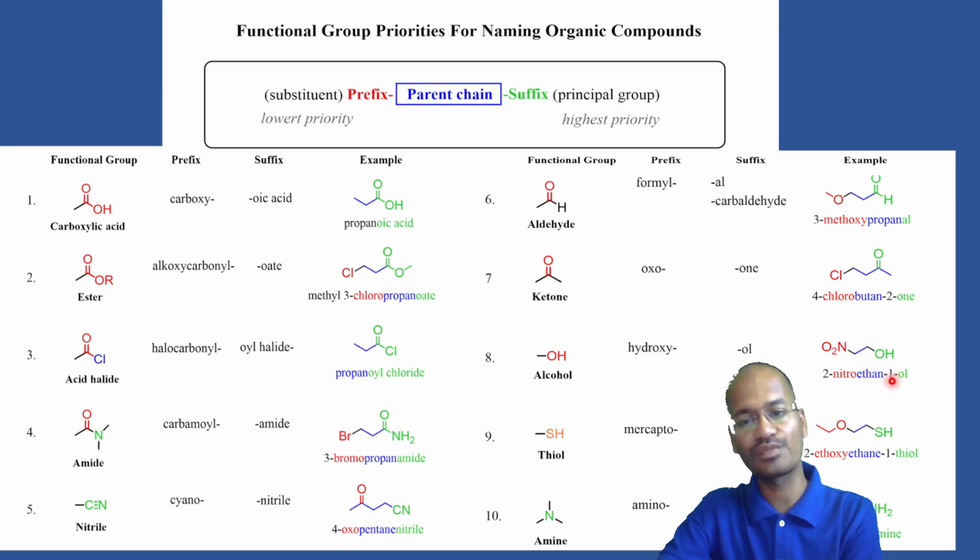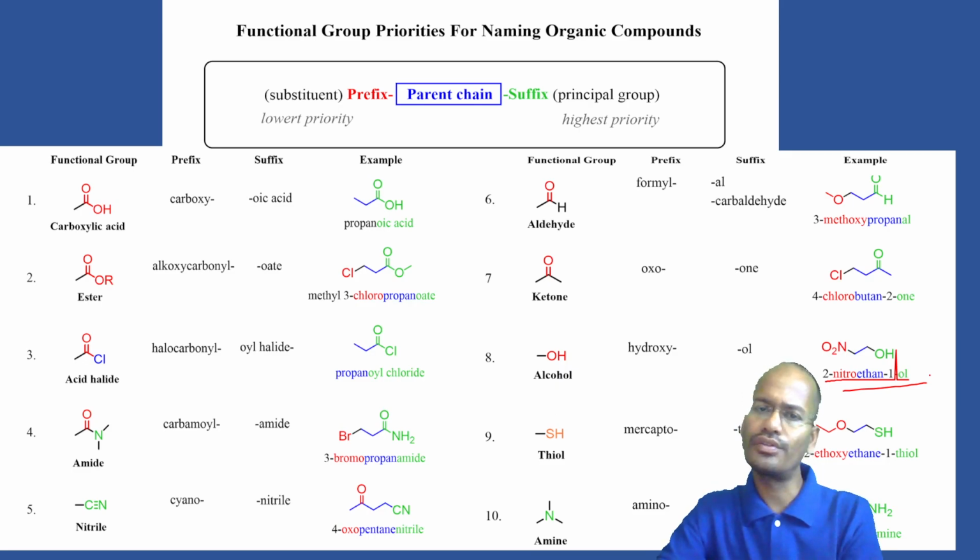That last e has been replaced with ol. 1-ol states the position of the attachment of this hydroxyl group at the first carbon. That is the reason why it has been given as 2-nitroethanol, or else 2-nitroethan-1-ol. Both are the same actually. So these are going to be your secondary suffixes.